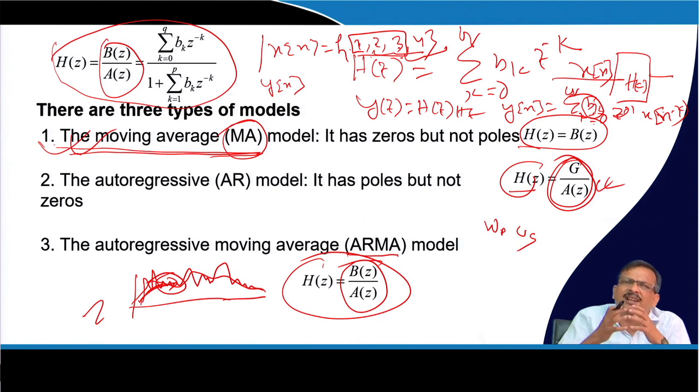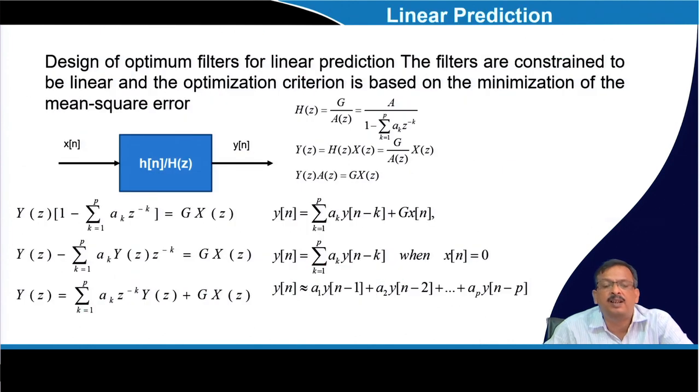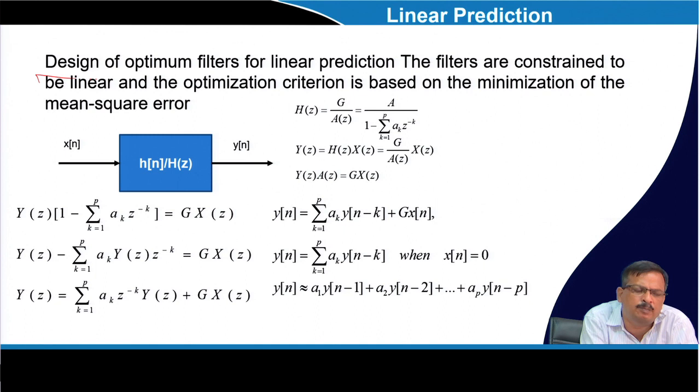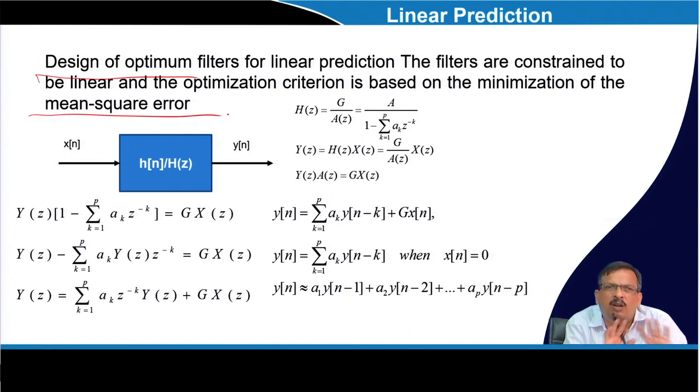So in a random process, if I want to find the estimation of the frequency, many times we use modeling. Linear prediction is one such example of modeling. So what is linear prediction? Forget about optimum filter design, forget about the slides.